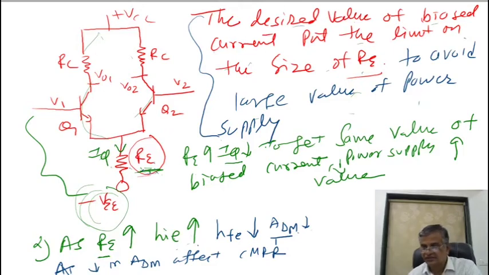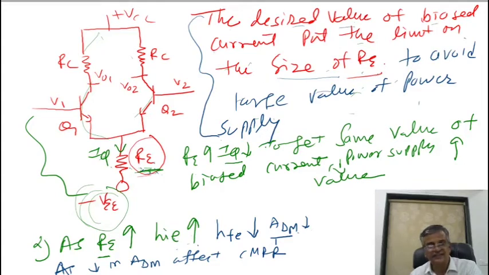First, the desired value of the bias current puts a limit on the size of RE. Size means you cannot increase it to too large a value, is what they want to say. The desired value of the bias current puts a limit on the size of RE to avoid a large value of power supply. Let us discuss the meaning of this sentence.